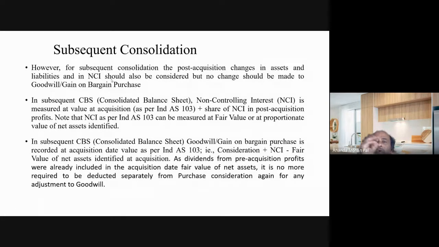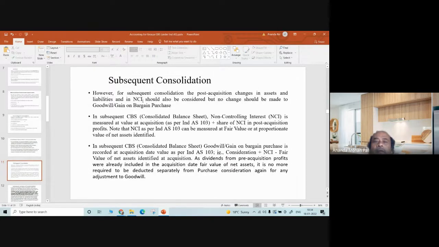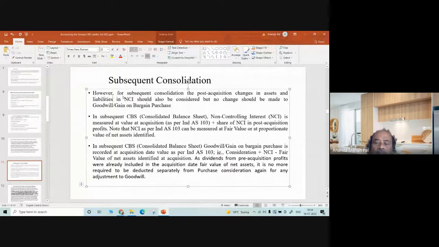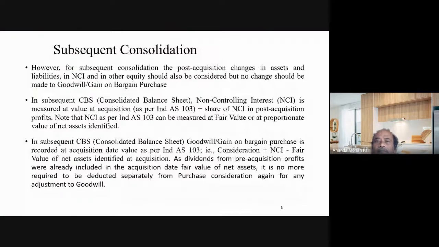So post-acquisition changes in assets, liabilities, NCI and other equity should be considered.